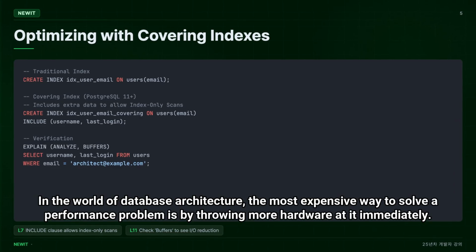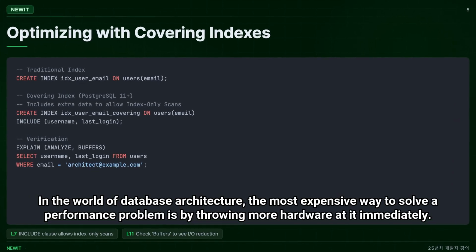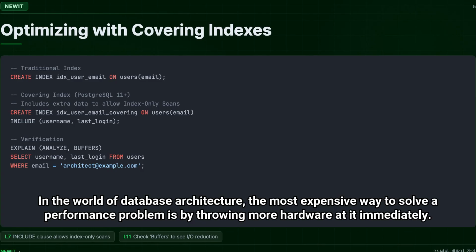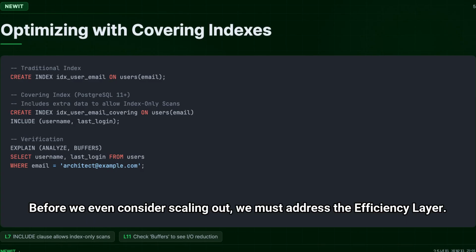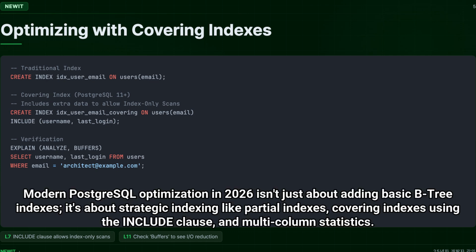In the world of database architecture, the most expensive way to solve a performance problem is by throwing more hardware at it immediately. Before we even consider scaling out, we must address the efficiency layer. Modern PostgreSQL optimization in 2026 isn't just about adding basic B-tree indexes. It's about strategic indexing like partial indexes, covering indexes using the INCLUDE clause, and multi-column statistics.